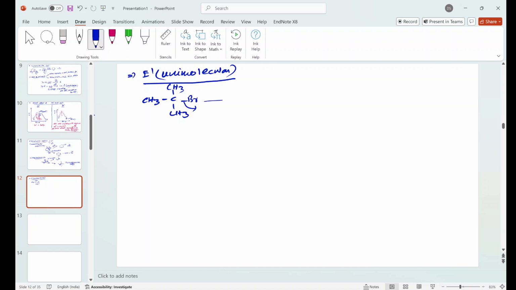This will be at first. So you will have the carbocation, positive, and Br minus. This is your intermediate.